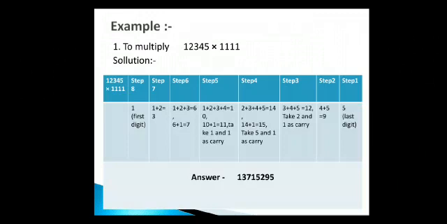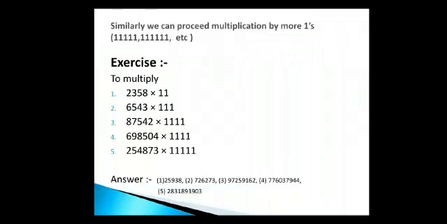So 1 plus 2 plus 3 is equal to 6. So 6 plus carry 1 is equal to 7. And step 7, first 2 digits, 1 plus 2, that is 3. And step 8, 1, that is the first digit. So the answer is 13715295.